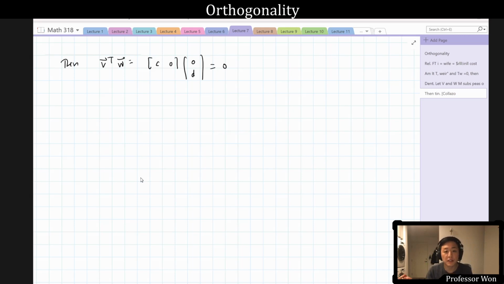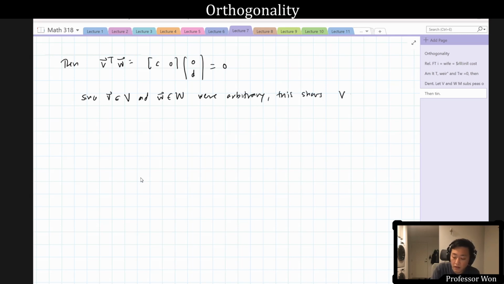Therefore, every vector in V is perpendicular to every vector in W. Since v in V and w in W were arbitrary, this shows that V is orthogonal to W as a subspace. Again, you can't choose (1, 0) and (0, 2). That just shows those two vectors are orthogonal, not that the subspaces are orthogonal.